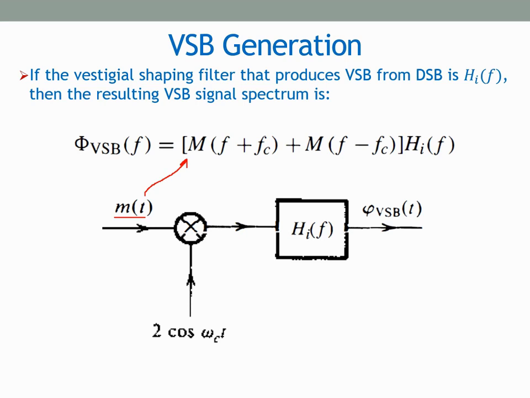At the output we use a filter H_i(f). So that means in the frequency domain the DSB signal, which is this one, is multiplied with a filter. So this is the filter that converts the DSB signal into a VSB signal. So remember this expression, we will use it later.